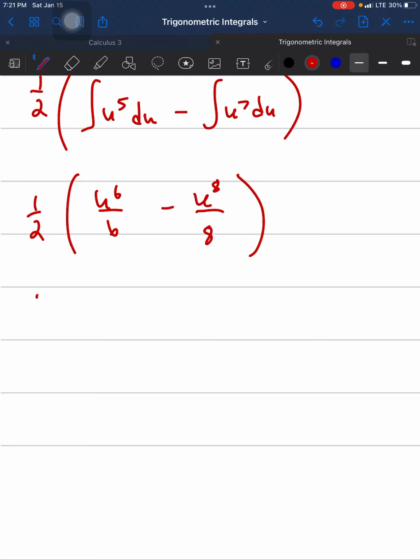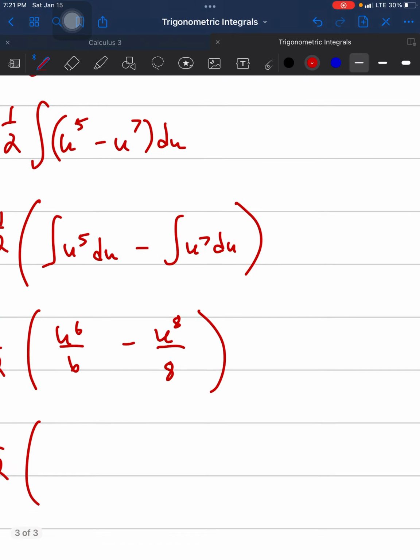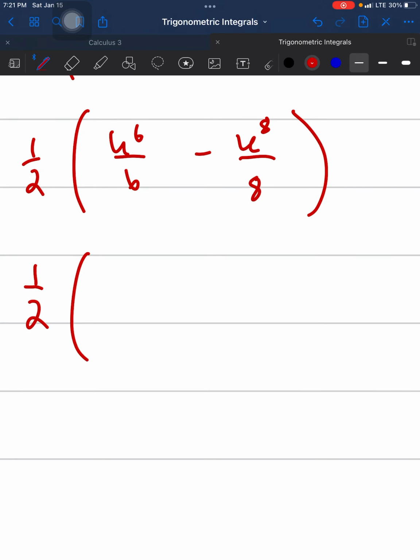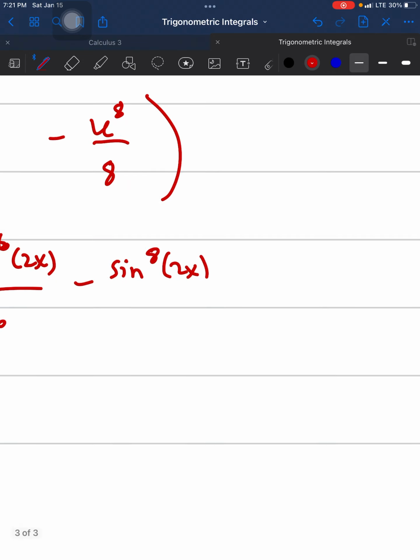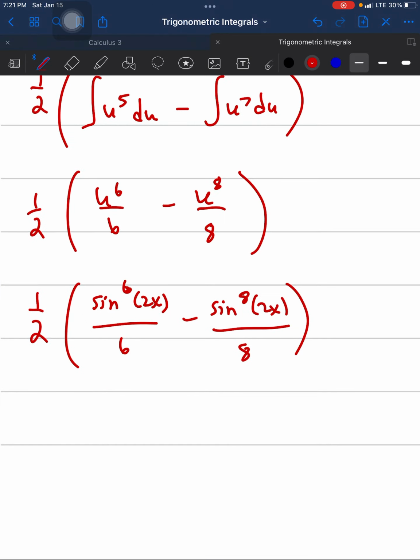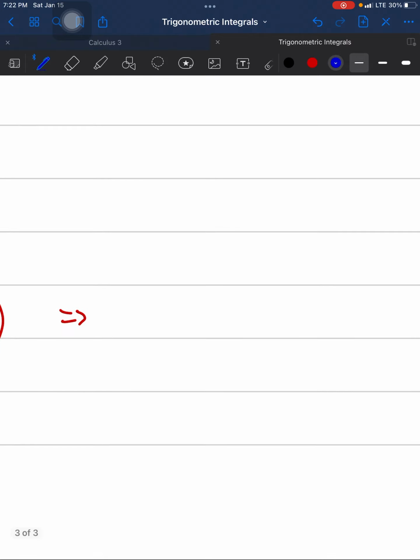Now, you can substitute back in sine, because we know u is equal to sine 2x. So we get sine to the 6th 2x over 6 minus sine to the 8th 2x over 8. And the final step would just be to distribute that 1/2.